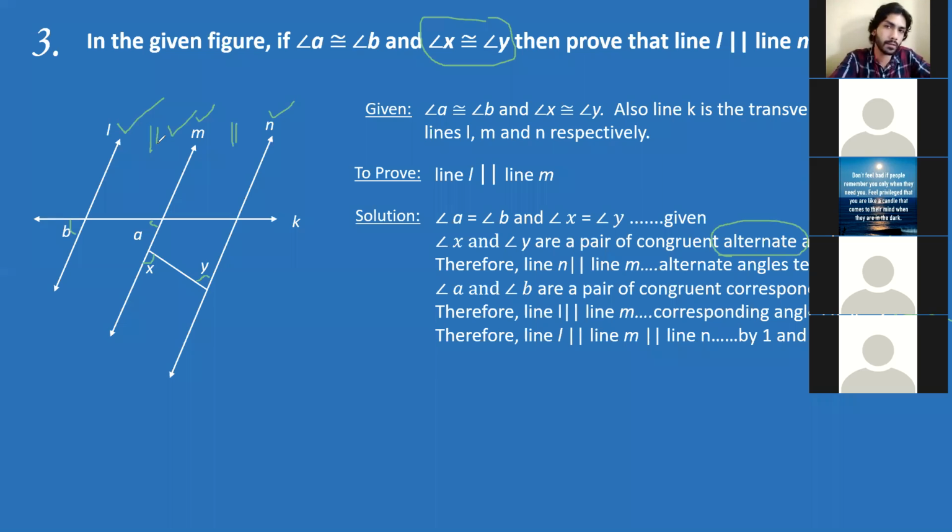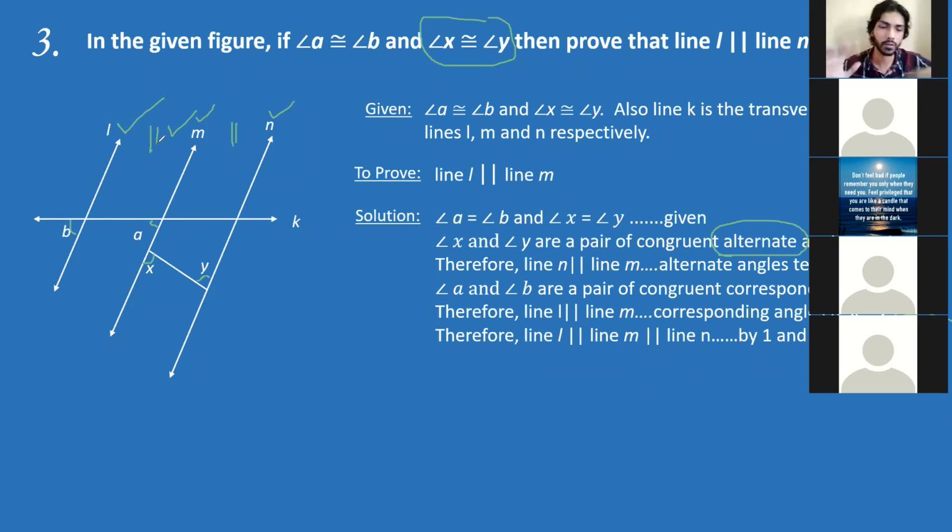I think you must have learned this last year or in 7th standard. Transitivity means that if I have three objects, say chair A, chair B, chair C, and chair A is identical to chair B, and chair C is identical to chair B, then obviously chair A will be identical to chair C, right?